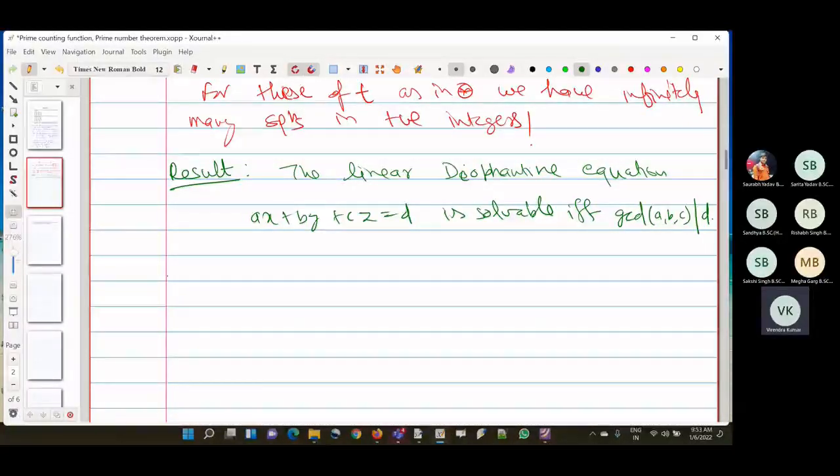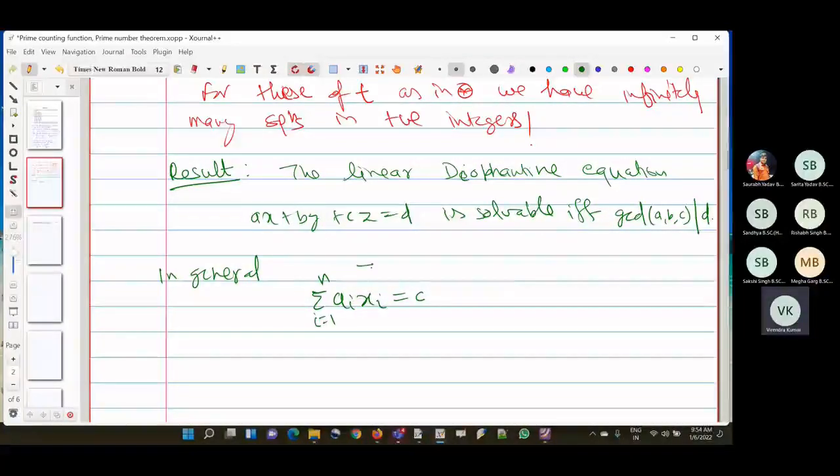Or in general, suppose a_i and there are variables x_i, and let us write c.